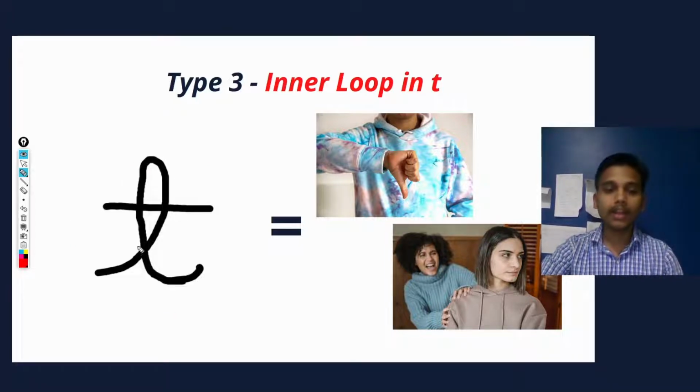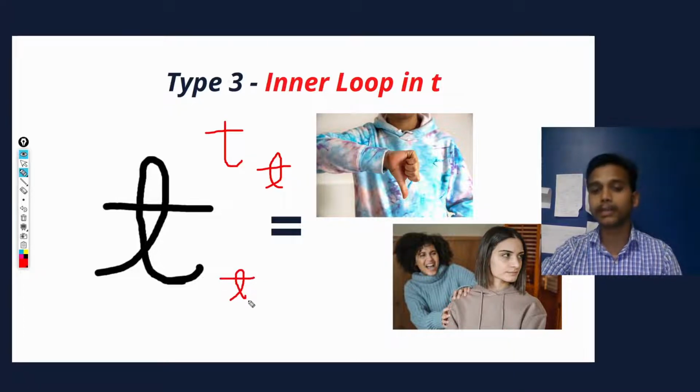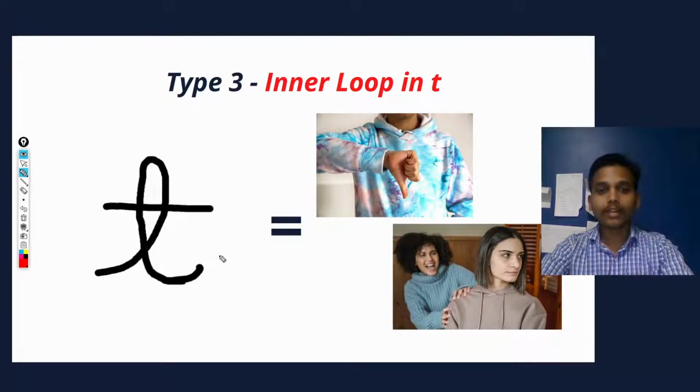It's very simple. If you find any inner loop in letter T, normally you see T like this, and the bar. Here the difference is that it's like letter L and the cut is being made, with a hook.